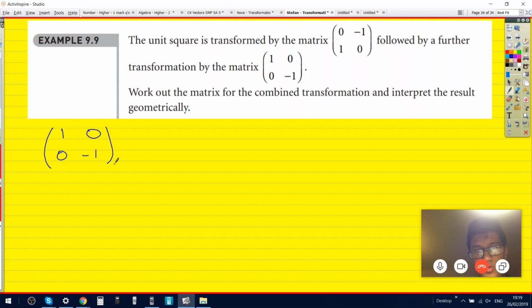what do you get? 1 times 0 plus 0 times 1. And then you have 1 times minus 1 plus 0 times 0. Then you have 0 times 0 plus minus 1 times 1.